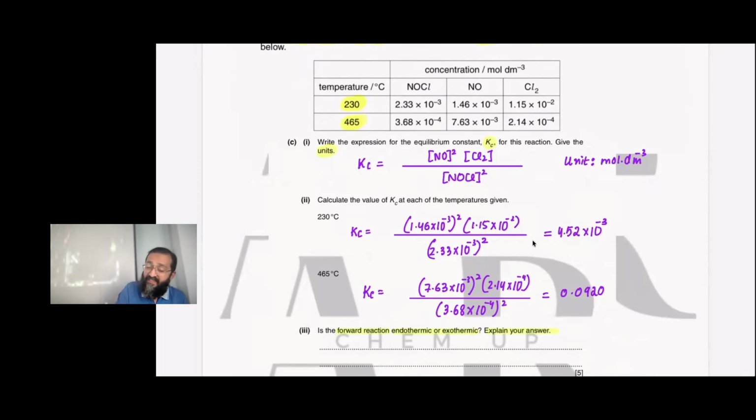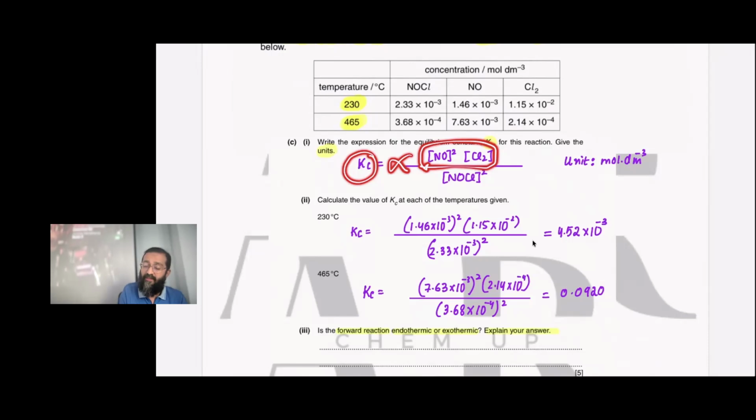Okay, now if you look at the Kc expression, so Kc, and what are these? These are the concentrations of the products, right? So isn't Kc directly proportional to the concentrations of the products? Yes? Is this understandable?